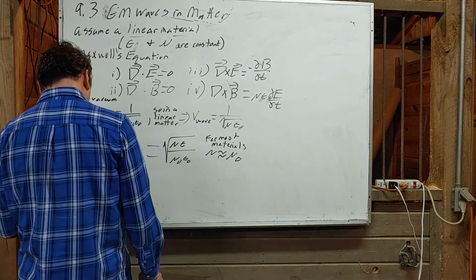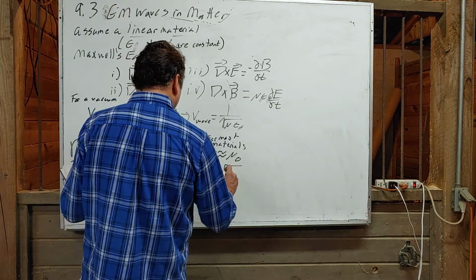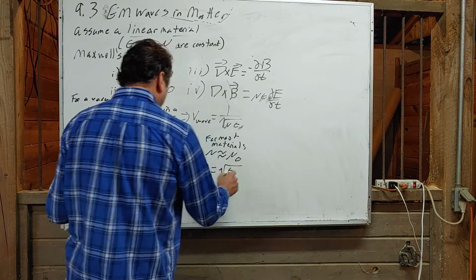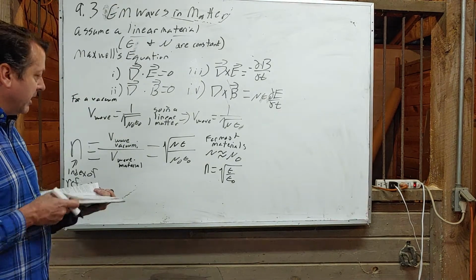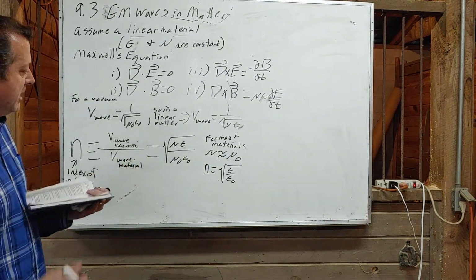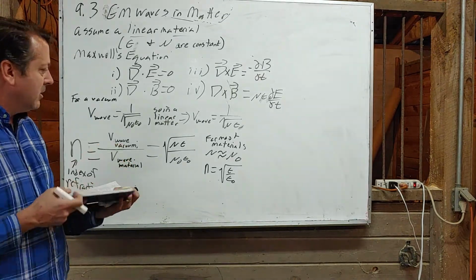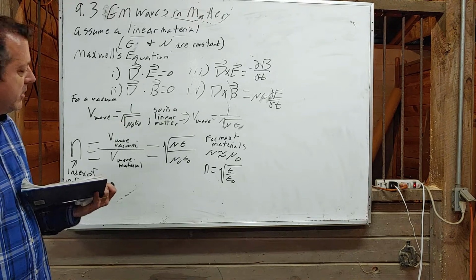So this is really equal to, the index is really the square root of epsilon over epsilon naught. Basically, epsilon sub r is that ratio of them. Really, it just depends on the permittivity, and epsilon, I'm pretty sure, is the permittivity of an object relative to free space. That permittivity ratio.